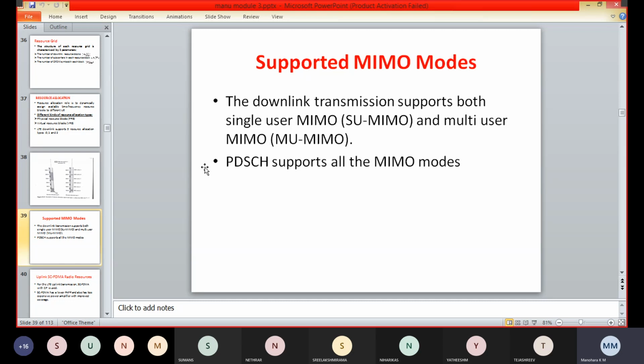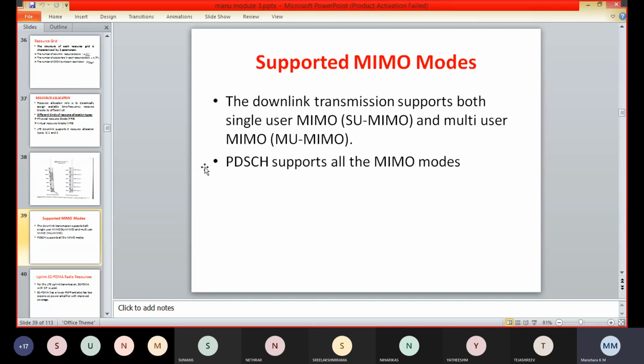The downlink transmission supports both single user MIMO, that is SU-MIMO, and multiple user MIMO, that is MU-MIMO. For single user MIMO, one or multiple data streams are transmitted to a single user equipment through space-time processing.